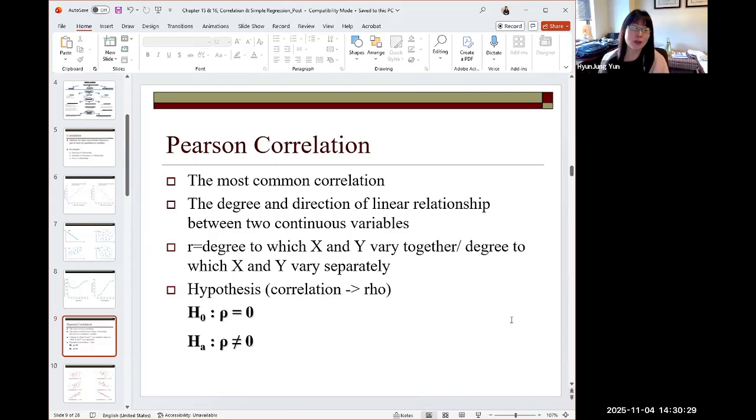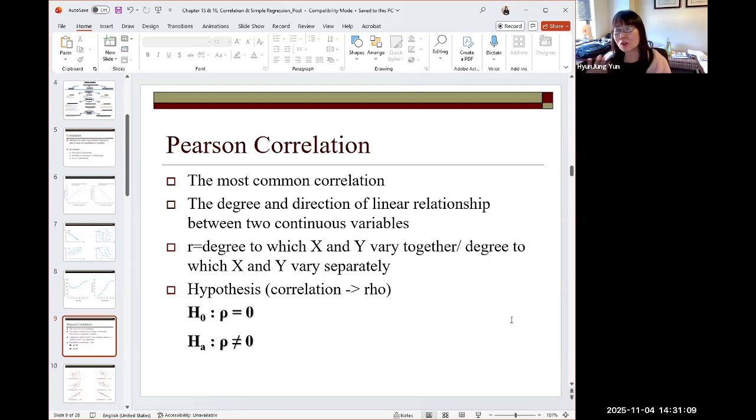Okay, so hypothesis-wise, again, we always use notation for the population, right? We use the Greek letter rho. Rho equal to 0 means it's just flat. However your variables change, it doesn't matter, it's just flat. Then there's no relationship going on. The alternative hypothesis, what we actually want to confirm, is that they're related, weakly, negatively, or strongly and positively, whatever it is.